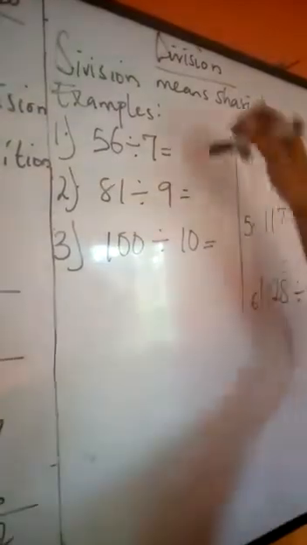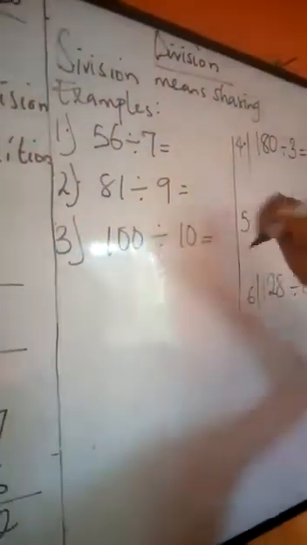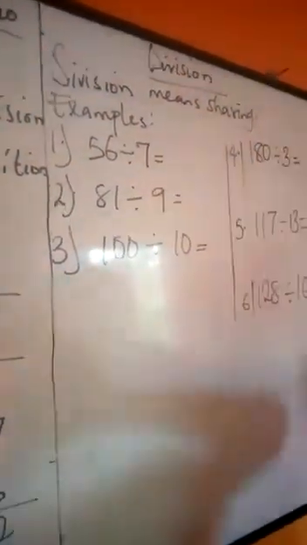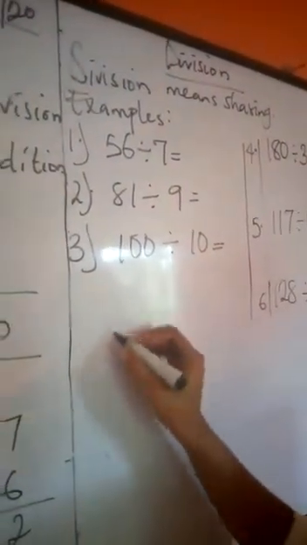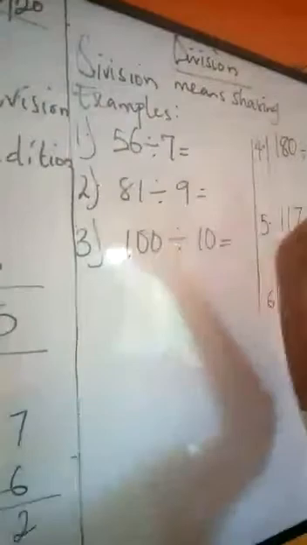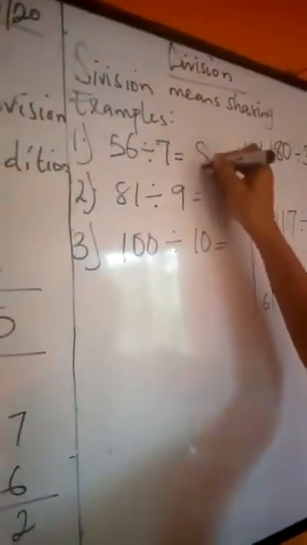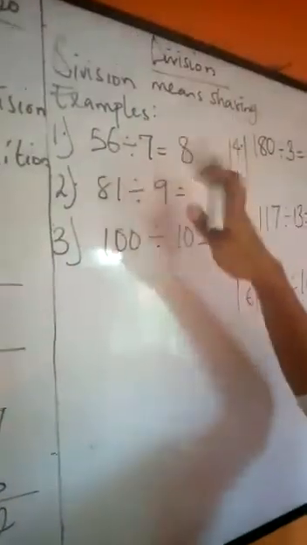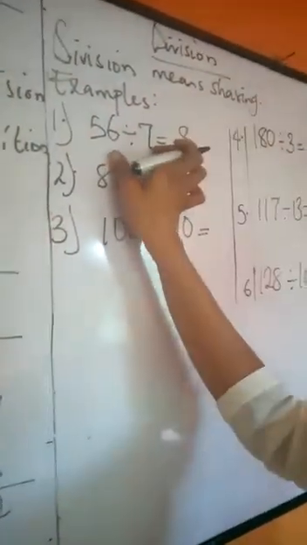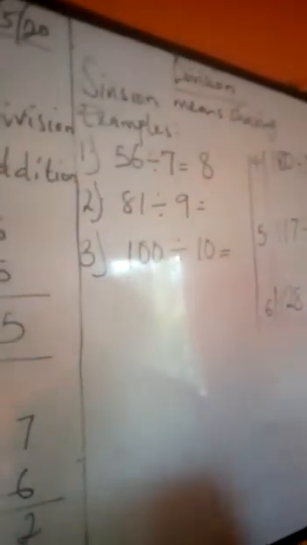So when you recite your multiplication table, you find out that 7 times 8 is 56. So that same way, when you divide by counting at 7 heads and counting at 56, you get what? 8. Is that clear? So 7 times 8 is 56. Whenever you're given a division, just try and recite your multiplication table and you will get your answer.